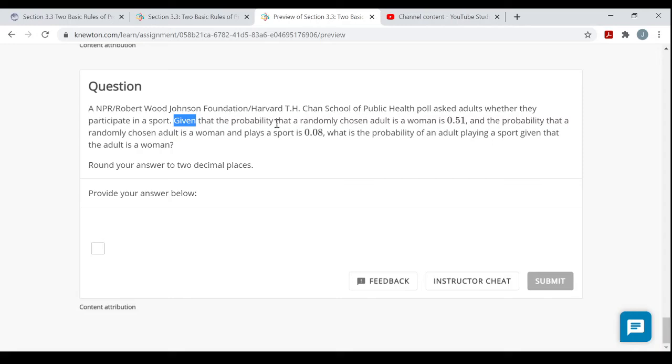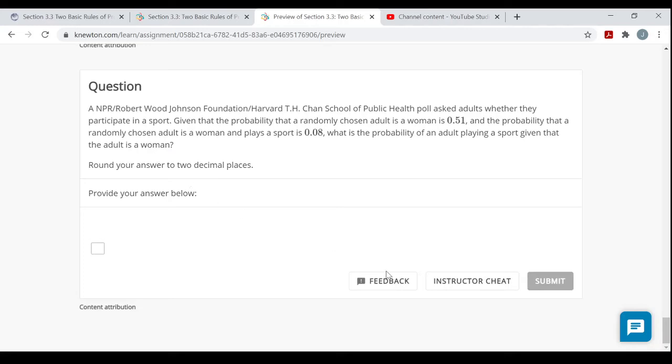Given that the probability that a randomly chosen adult is a woman is 51%, and the probability that a randomly chosen adult is a woman and plays a sport is 0.08, 8%, what is the probability of an adult playing a sport given that the adult is a woman?